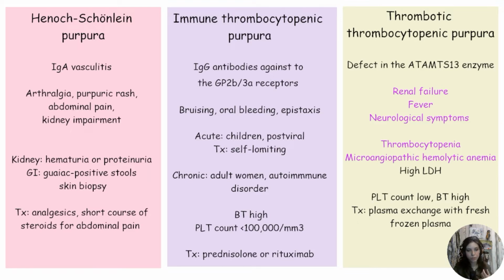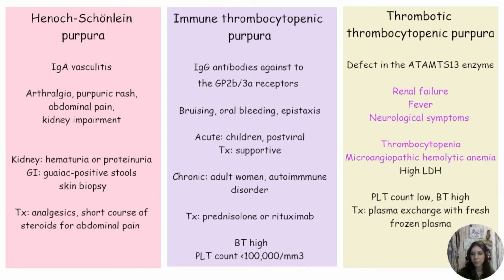It could be just ensuring adequate hydration and monitoring for GI or kidney complications. Also, we need to treat minor symptoms like arthritis, edema, fever, or malaise. Non-steroidal anti-inflammatory drugs could be used for abdominal and joint pain, and just in some severe cases a short course of steroids could be used.